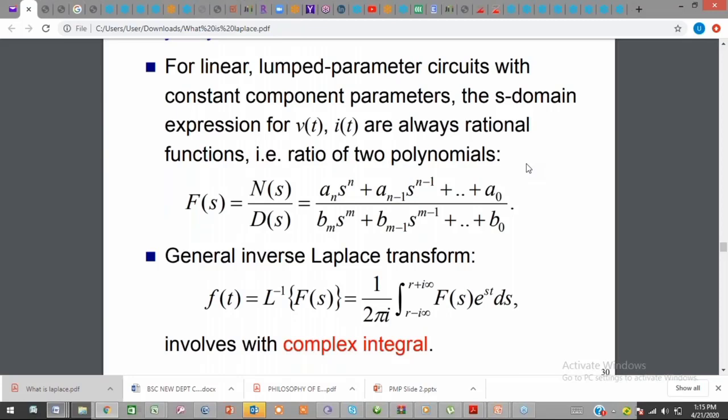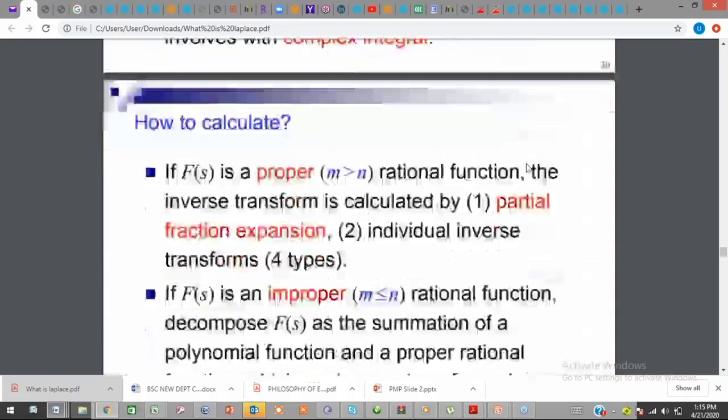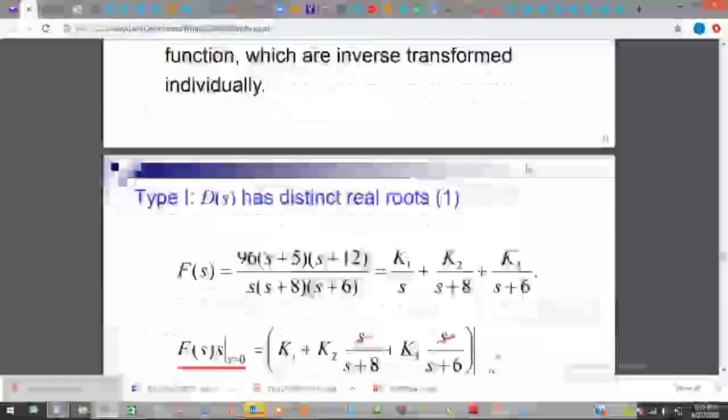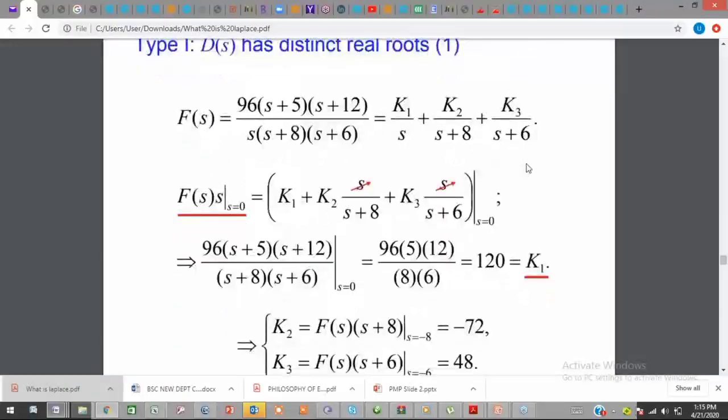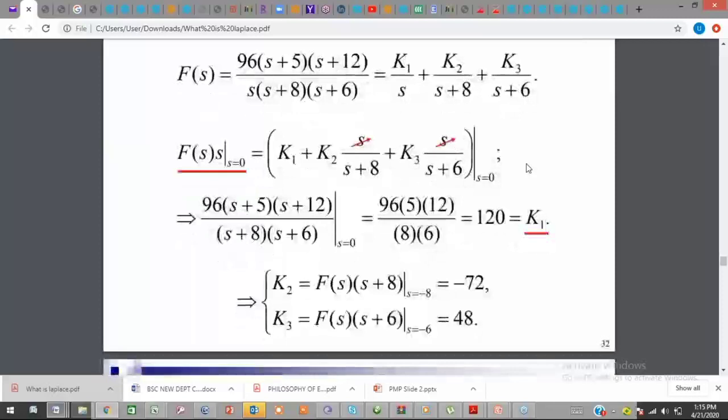By the time we put it all together, if you are with your calculator, you should be able to do the calculation and get 120, which is our k1. Then k2 equals F of s multiplied by (s plus 8), and k3 equals F of s multiplied by (s plus 6).